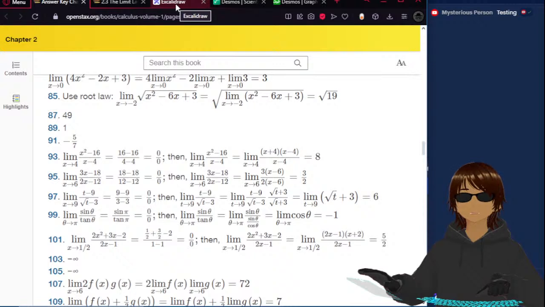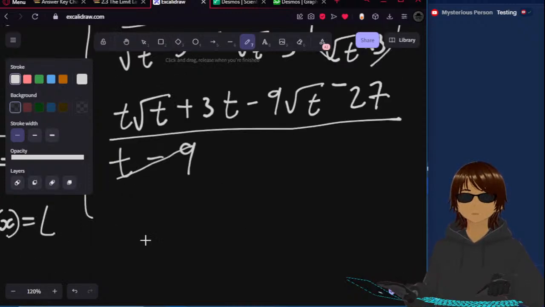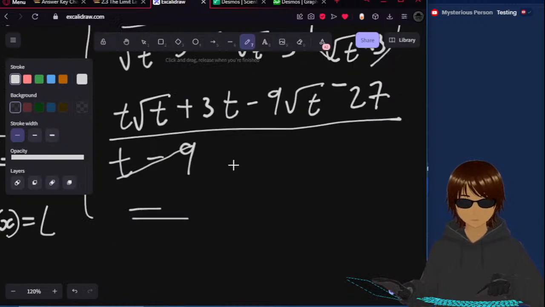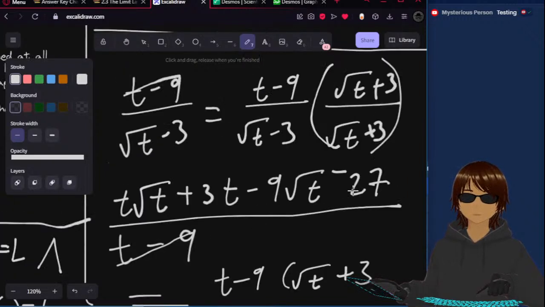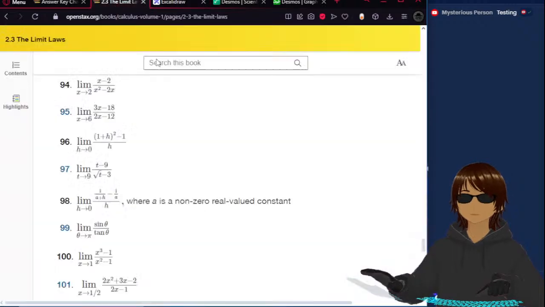Oh, I see. This is t minus 9, so this. And wait, I understand. So it's t minus 9 from here. Then divide this by t minus 9. That's how they got it.